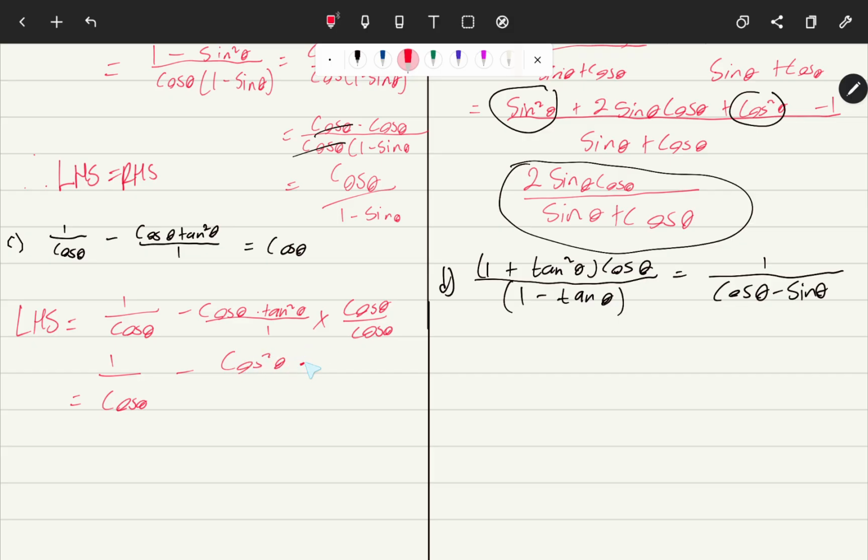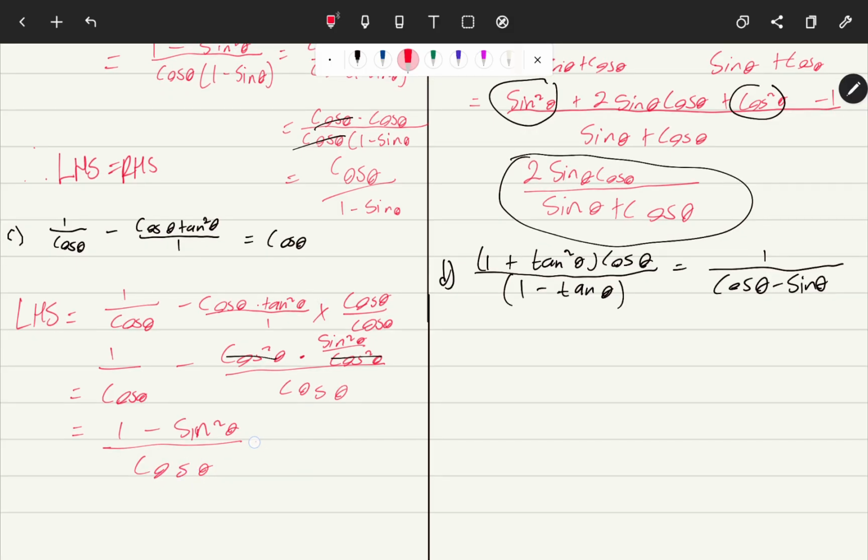cos²θ, and allow me to change my tangent into sin²θ divided by cos²θ. Then I have cos²θ. So then I have 1 minus, what's going to happen is my tangent is going to exactly divide with that 1. Then I have 1 minus sin²θ divided by cos²θ.